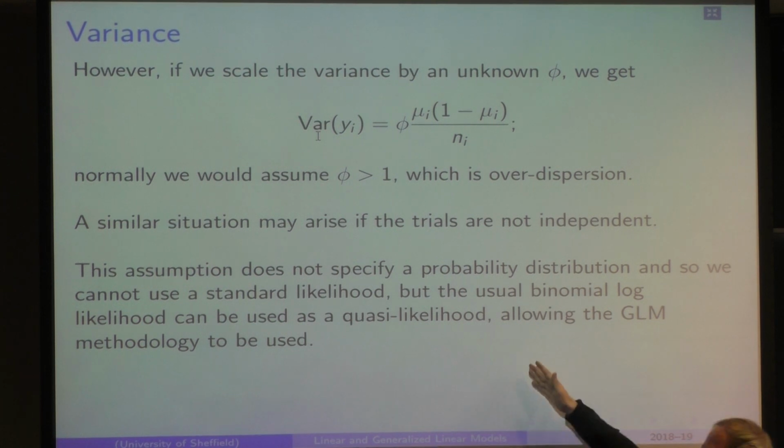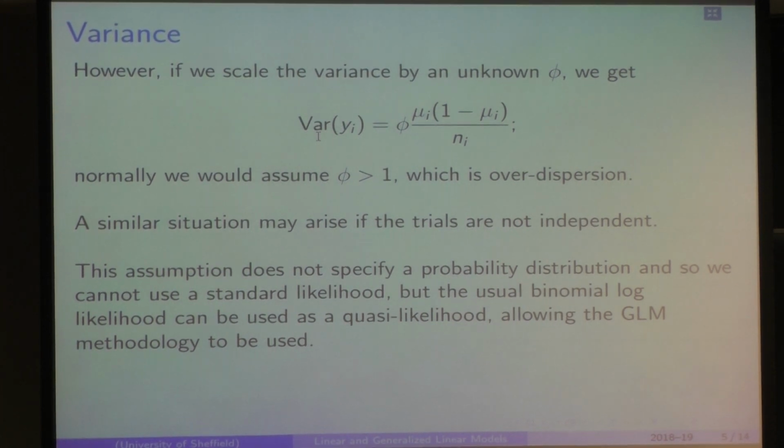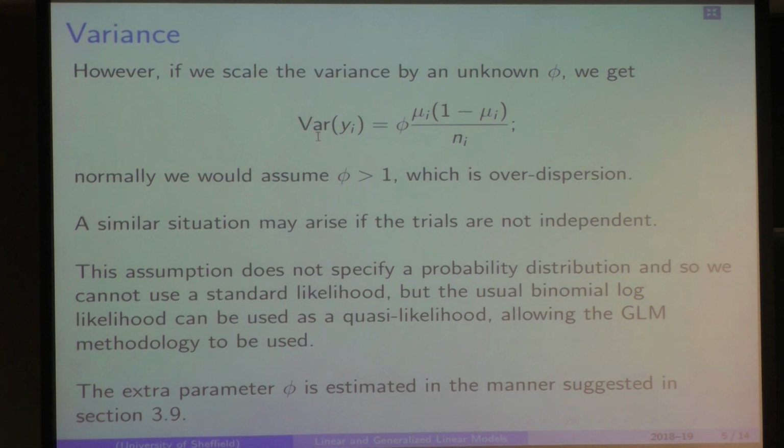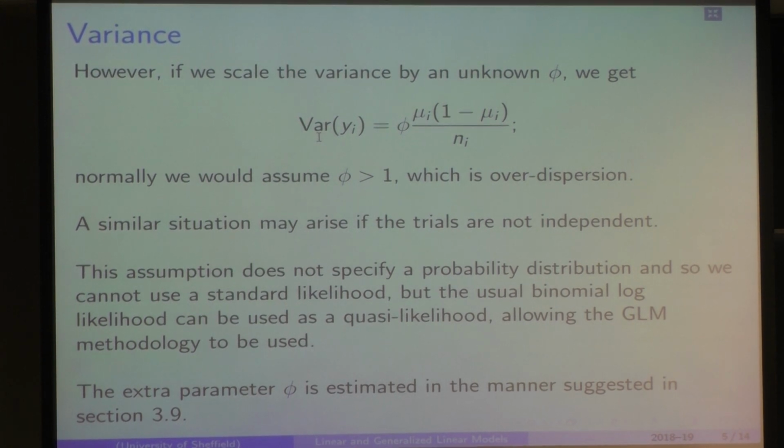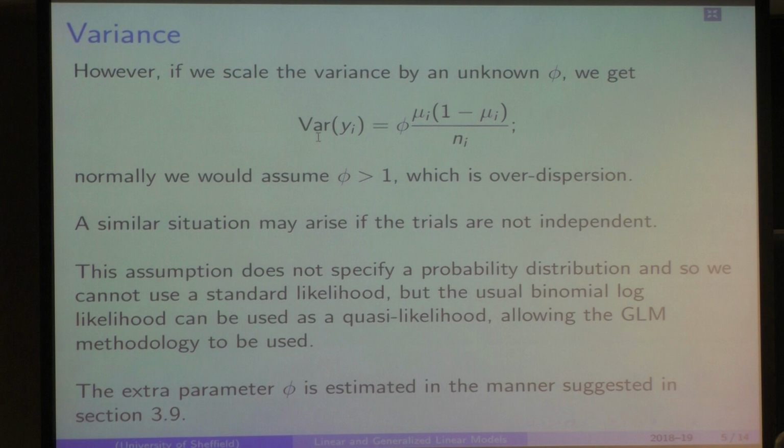However, we can appeal to this theory of quasi-likelihood, and that allows the theory of generalized linear models to be used. So we'll estimate phi by dividing the Pearson chi-squared statistic by the number of degrees of freedom, as described at the end of chapter 3.